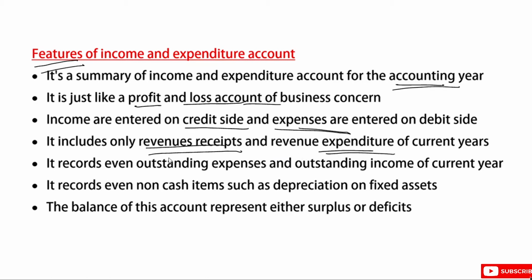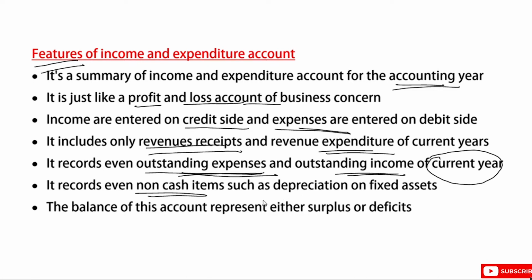And the fifth point is it records even outstanding expenses and outstanding income of the current year. When we are doing a receipts and payment account, we were not recording the outstanding expenses or outstanding income, but here we record outstanding expenses and outstanding income of the current year. The sixth feature is it records even non-cash transactions, just opposite to the receipts and payment account.